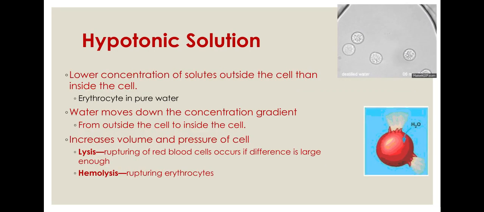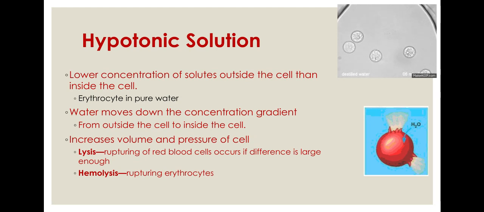Then you can have something called a hypotonic solution. There is a lower concentration of solutes outside than inside. And we can think of this as like putting a red blood cell in just pure water. There's more stuff that is inside the cell than outside the cell.